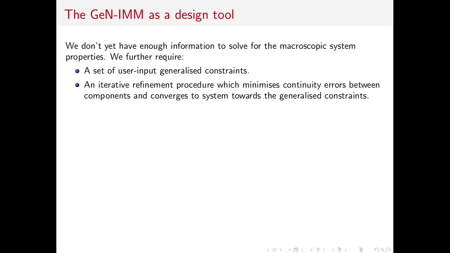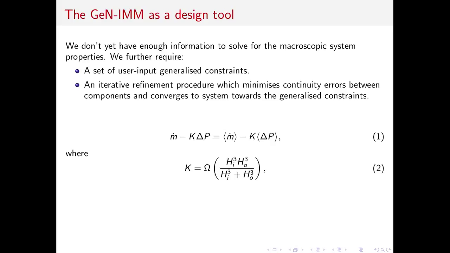Then the second thing we require is an iterative refinement procedure which will minimize the continuity errors between components and converge the system towards the generalized constraints I just mentioned. So each component will have an equation similar to this, which basically states that the mass flow rate through the component will vary monotonically with the change in pressure drop over the component, and it will vary according to some proportionality constant k.